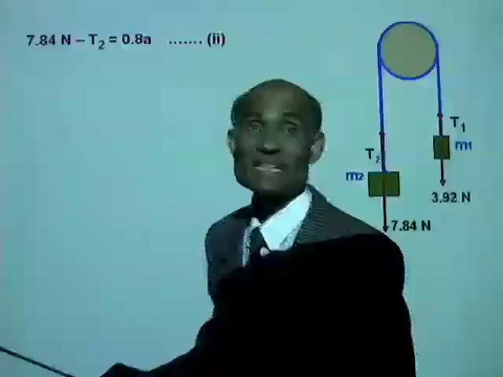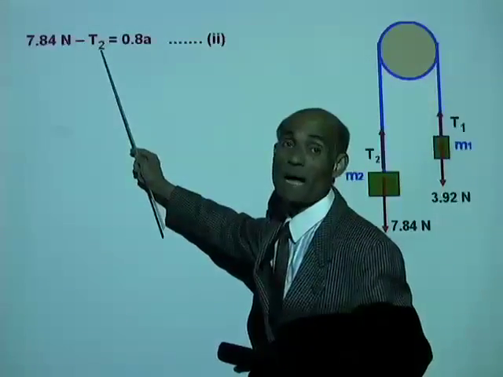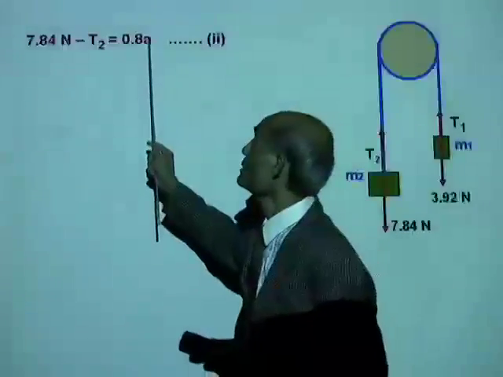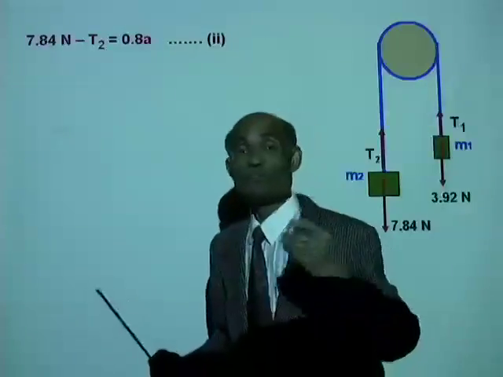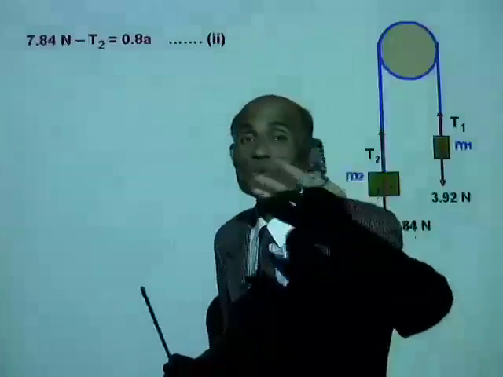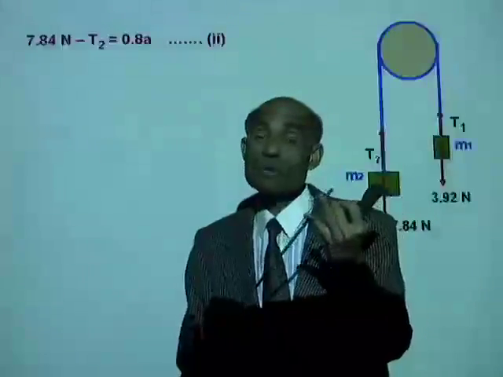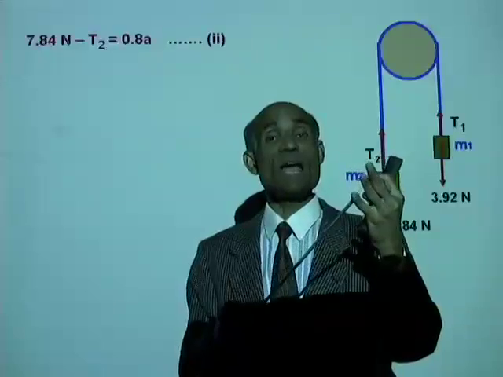So, we now have a second equation, 7.84 Newton minus T2 equals 0.8 a, and the variables here are a and T2. In the first equation, we have the variables a and T1. So we have two equations and three unknowns, T1, T2 and a.